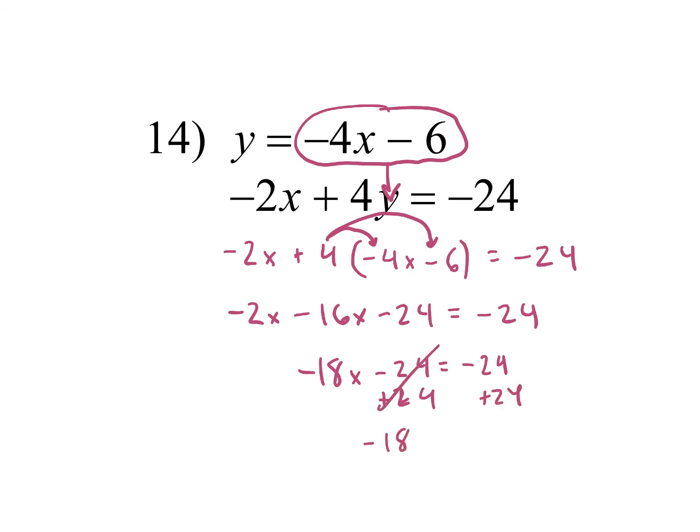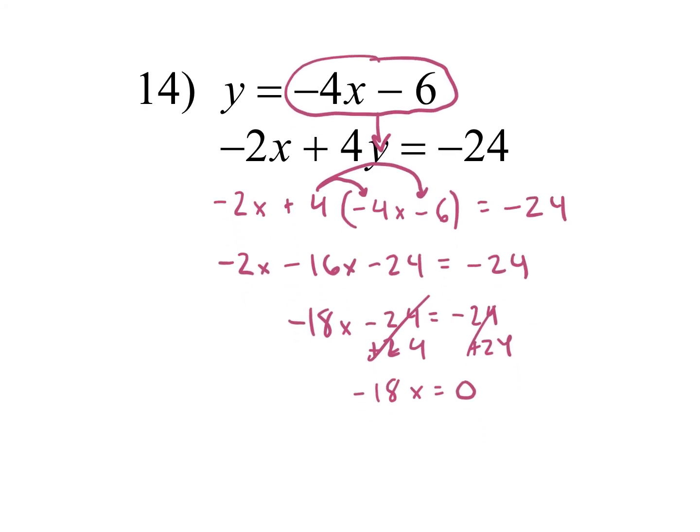So -18x is equal to, what's -24 plus 24? 0. Then what should I do? What is 0 divided by -18? 0. So then x is equal to 0.